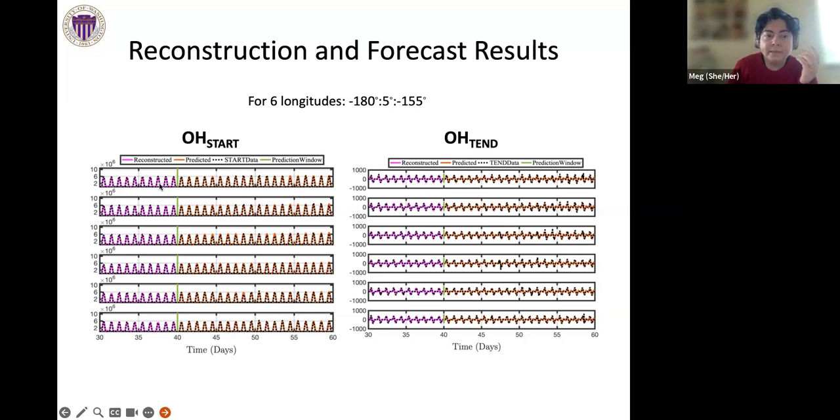Then we start a prediction window where we reconstruct the time snapshots that have not been seen by the optimized DMD algorithm. Again, by the eyeball norm, it does a pretty good job predicting what the time series would be for the next 20 days. In the tendency data, you can see that we have used fewer modes, only 50 modes, so it's not able to capture the peaks very faithfully, but it does the best it can.